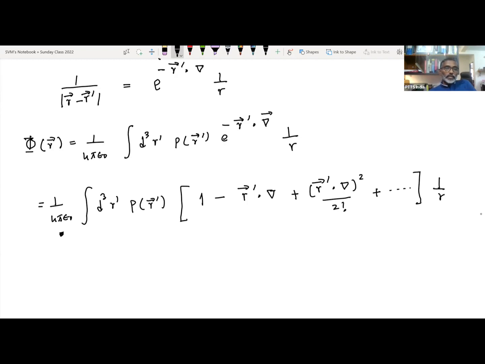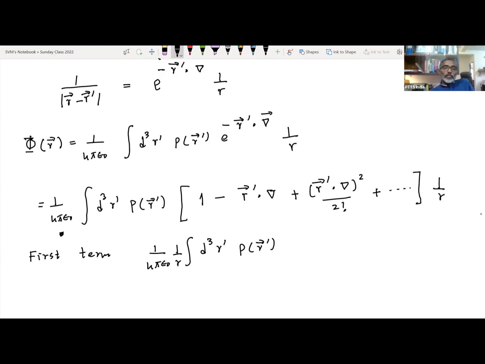Okay, so first term is 1 by 4 pi epsilon naught integral d3 r prime rho of r prime into 1 over r. 1 over r can be pulled out because the integration is over r prime.